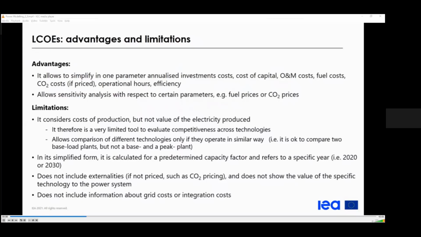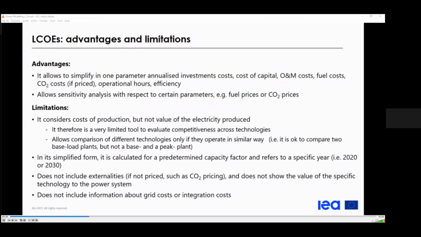The second limitation is that making comparisons across different technologies is complex or wrong. You need to go beyond and look at the screening curves, as we did earlier for dispatchable technology.